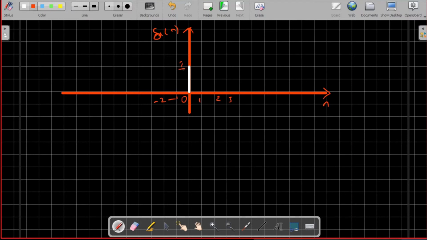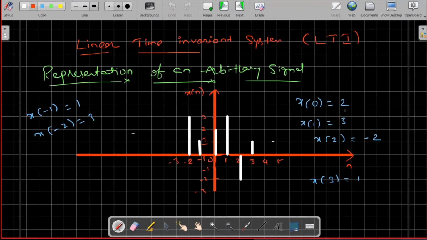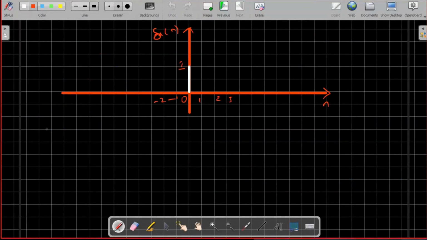Clear? Now, the amplitude at n is equal to 0 is simply 2. So I'm going to write the sample at n is equal to 0 as x of 0 into del of n.